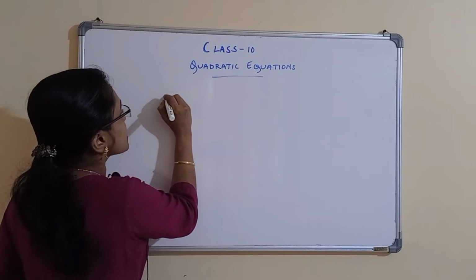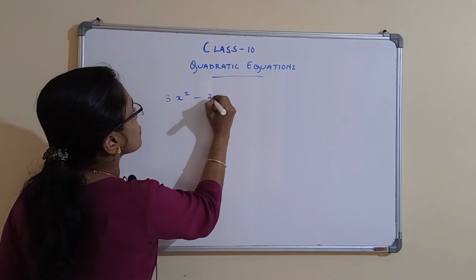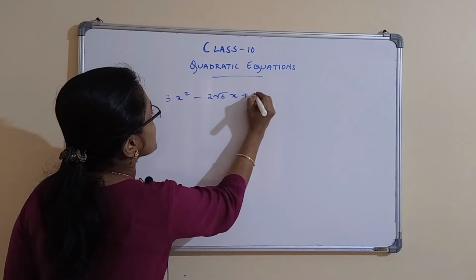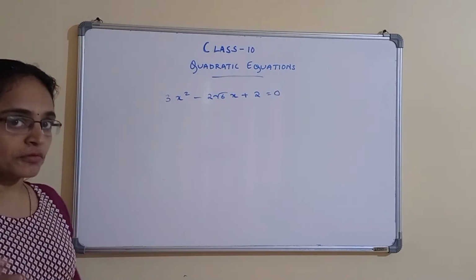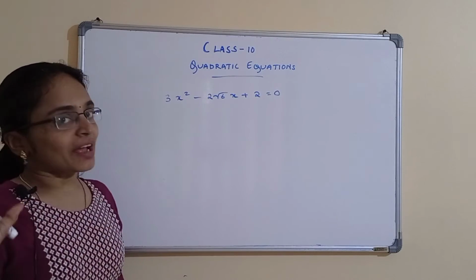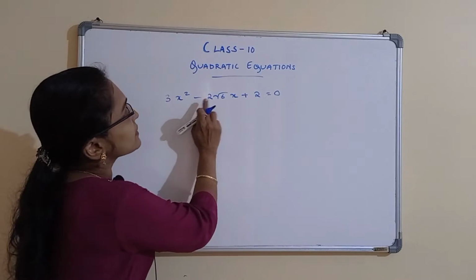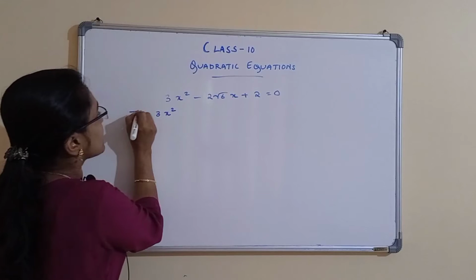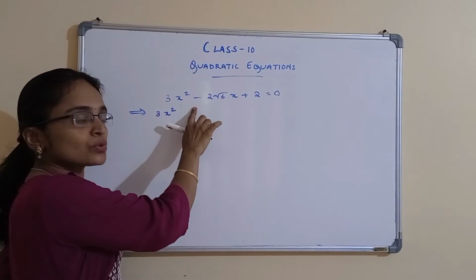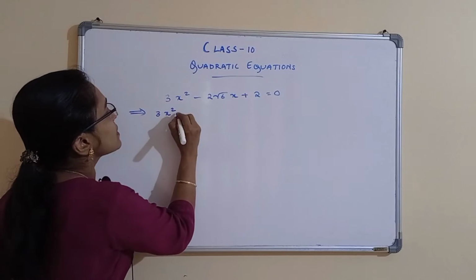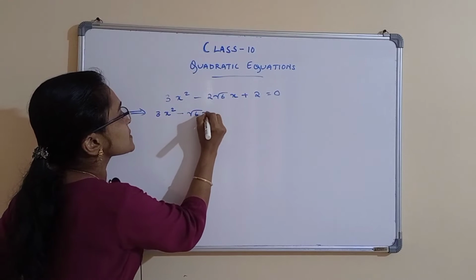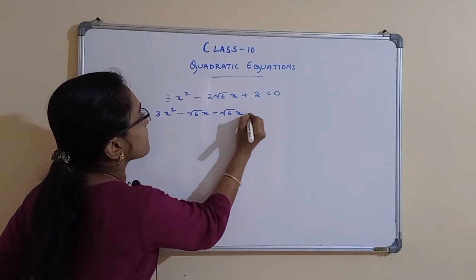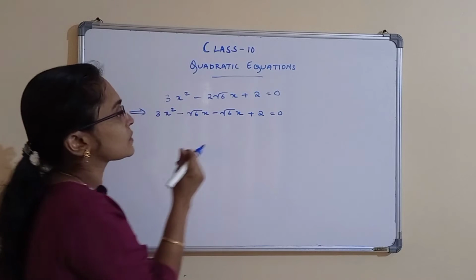Okay. Next one is 3x square minus 2 root 6x plus 2 is equal to 0. Find the root of this by the method of factorization. Now we can split the middle term: 3x square, minus 2 root 6x is the same as minus root 6x minus root 6x, plus 2 is equal to 0.